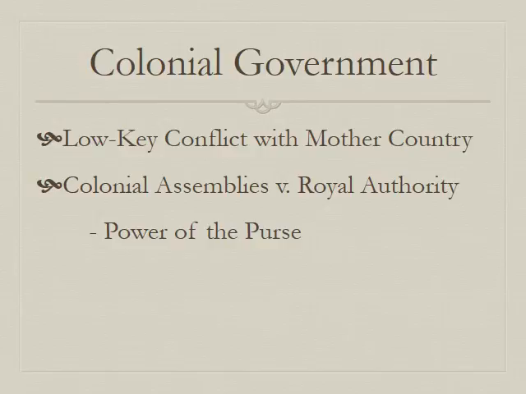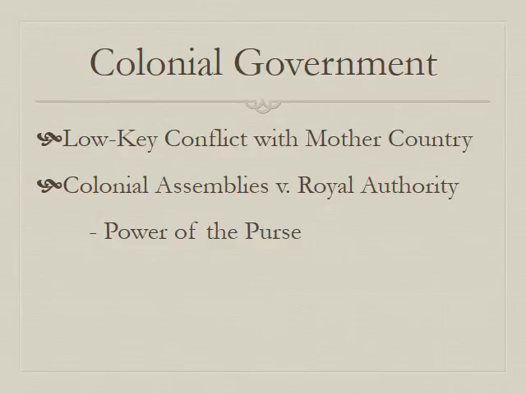The governor had power to determine when and where the legislative assembly would meet. The governor could adjourn their sessions, could appoint and remove officials, could command the militia and the naval forces, and could grant pardons.